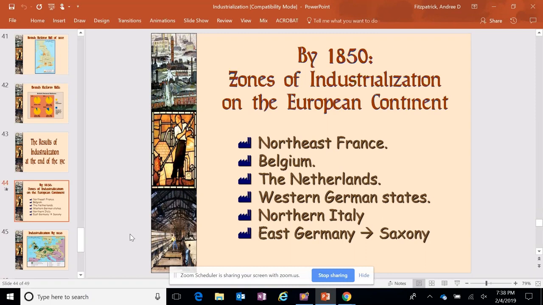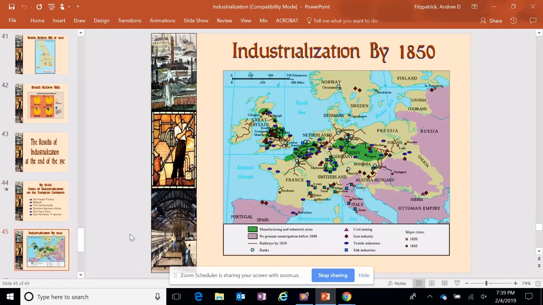After 1815, we see pretty rapid industrialization on the European continent, and of course they're benefiting from all the knowledge that the British have developed. So France, Belgium, the Netherlands, Germany, Northern Italy, we start to see industrialization happen throughout Western Europe, continental Europe as well. That transition happens by about 1850.